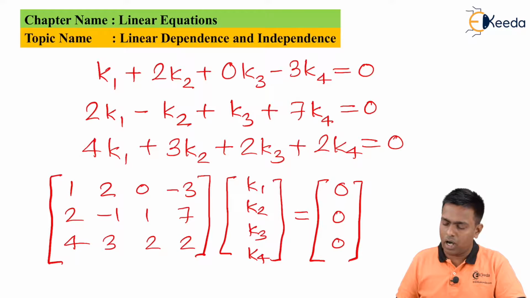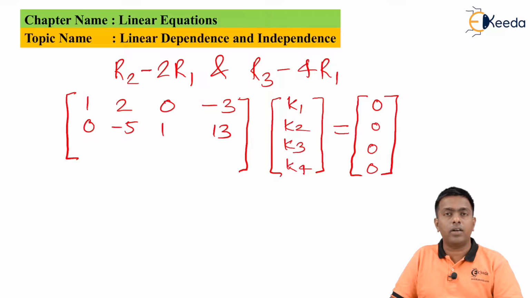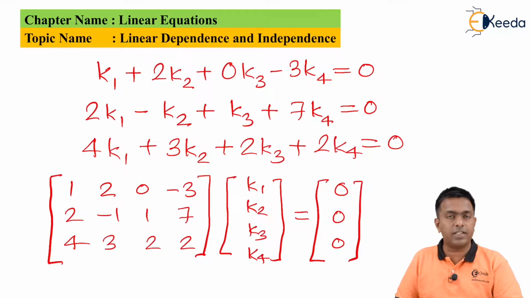If I do R2 minus 2 times R1, here it will be 0, then 2 times of this is 4, so minus 1 minus 4 is minus 5. Here 1 will remain as it is, and 2 times of this is 6, so we'll get 13 over here. Now 4 times R1 we'll subtract from R3. Here we'll get 0. 4 times of this is 8, so 3 minus 8 is minus 5.